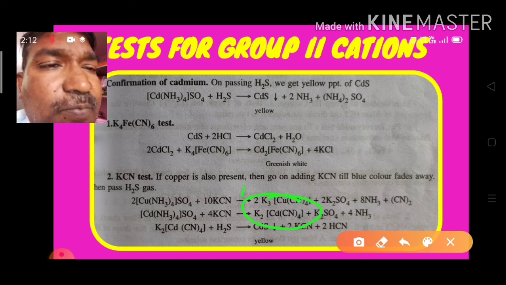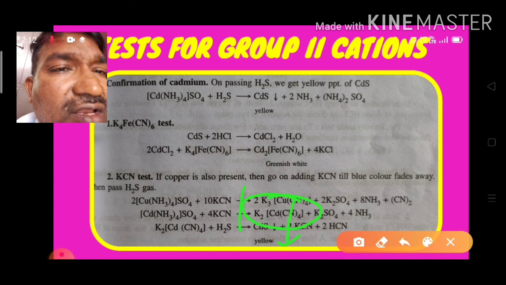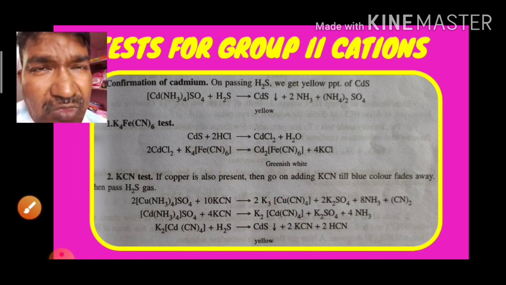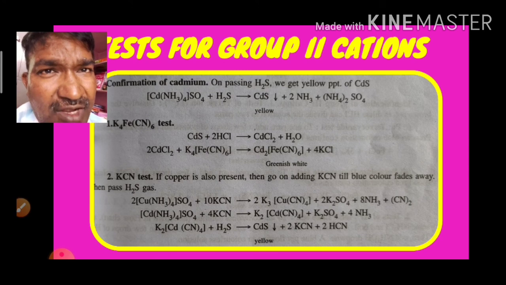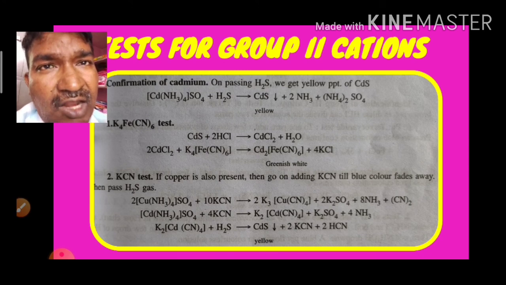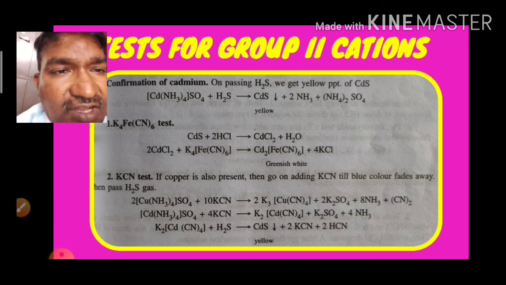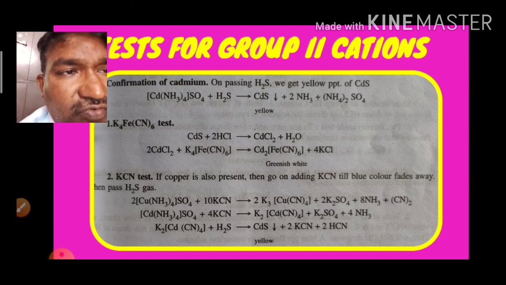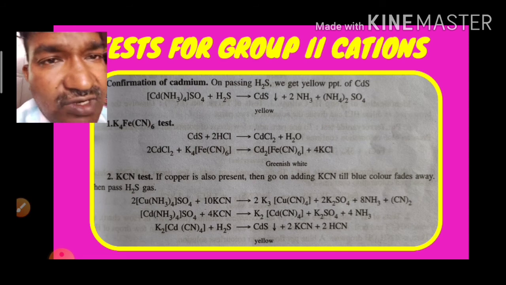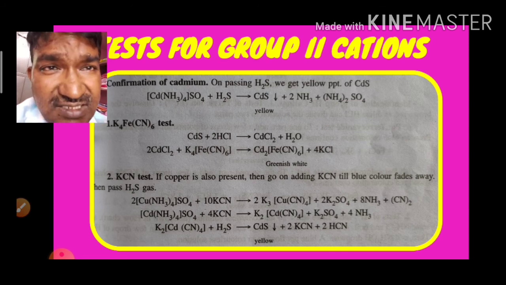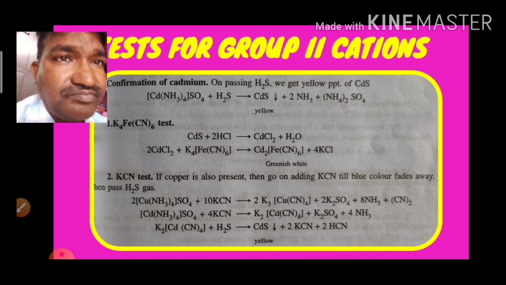Again if you pass H2S, we get the yellow color precipitate. So first to the solution obtained by adding the yellow ammonium sulfide, we have to add the KCN. After that we add the H2S. If we get the yellow color precipitate, then we have to think that the given salt mixture contains Cd+2 ions in it.